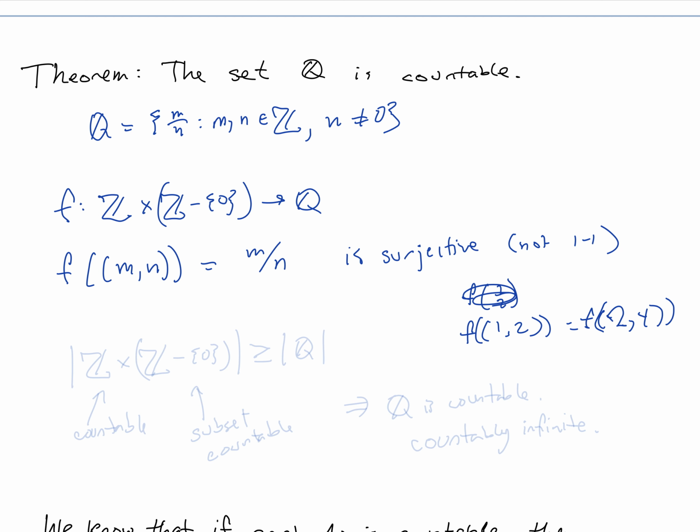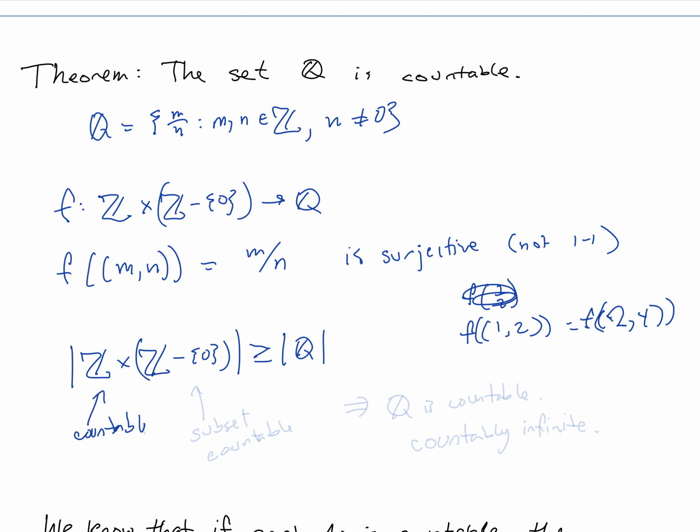So this is surjective, and so by what we said above, that means that the cardinality of Z cross Z minus 0 is greater than or equal to the cardinality of the rational numbers. And what else do we know? We know that Z is countable.